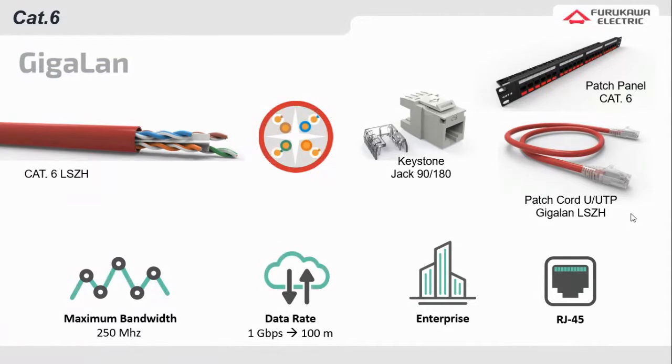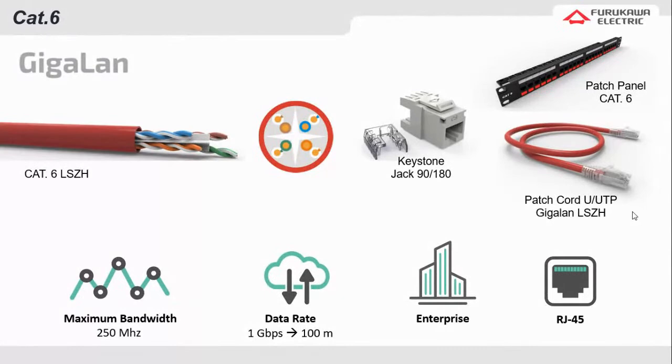These cables can transmit data up to 1 gigabit per second along 100 meters, but remember they are also suitable for multi-gigabit compatible devices, meaning that this speed can rise to 5 gigabits per second if needed. We recommend it for enterprise premises.